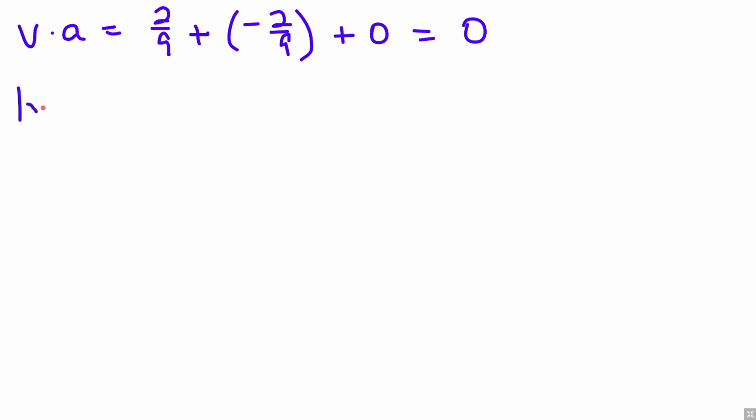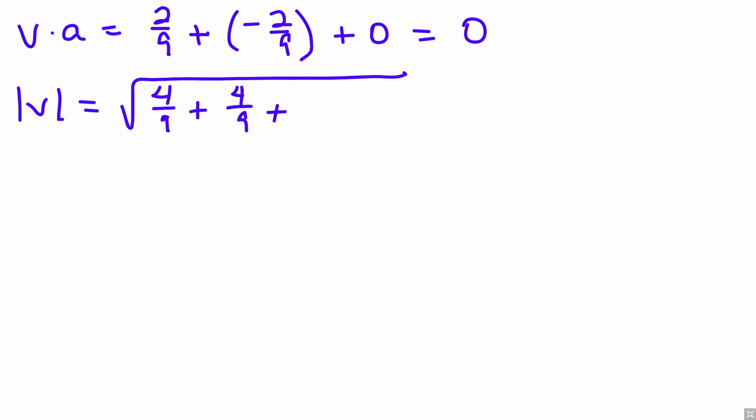All right, so the magnitude of the velocity vector at 0 is going to be the square root of 2/3 squared, which is 4/9, plus negative 2/3 squared, which is 4/9, plus 1/3 squared, which is 1/9. So we're going to end up with a value of 1.